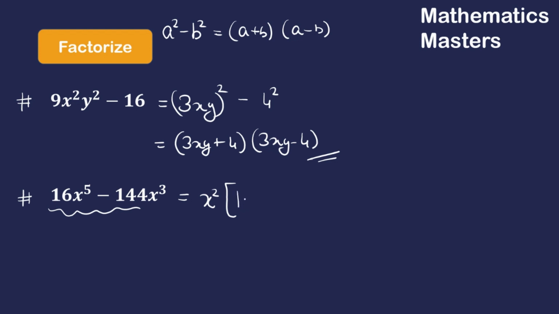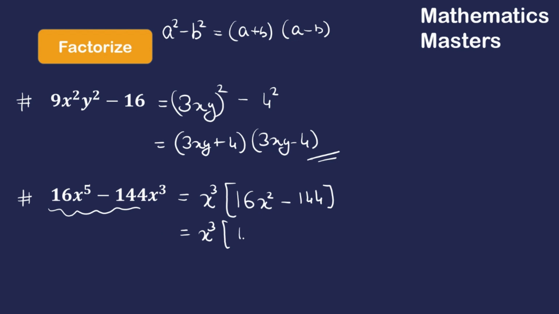Sorry, I should say I can take common x cube. x cube is the highest power which can be taken as common from both of them. x raised to 5 means x into x 5 times. x cube means x into x into x. So I can take x cube as the common. Now after taking x cube as the common, from the first term what is left is 16, and if I divide x raised to 5 by x raised to 3, I would have x square, minus 144 x raised to 3 divided by x raised to 3, the same, 1 only. Now x cube as it is.